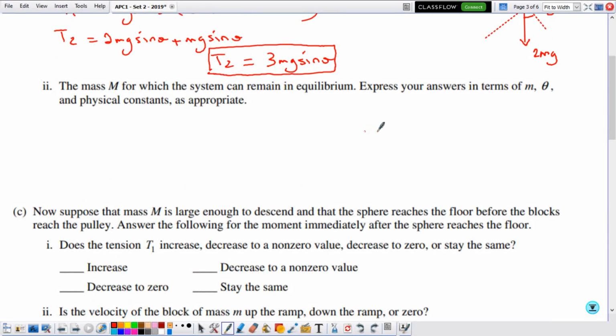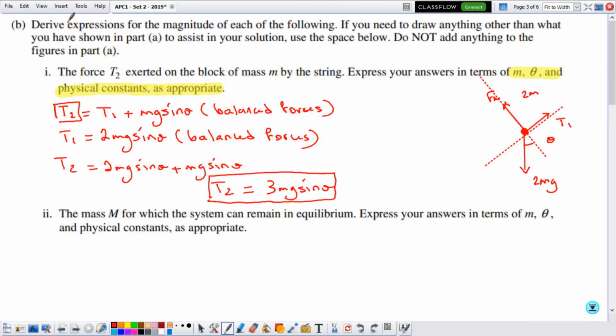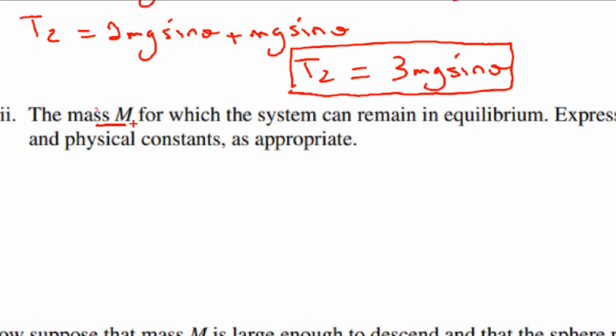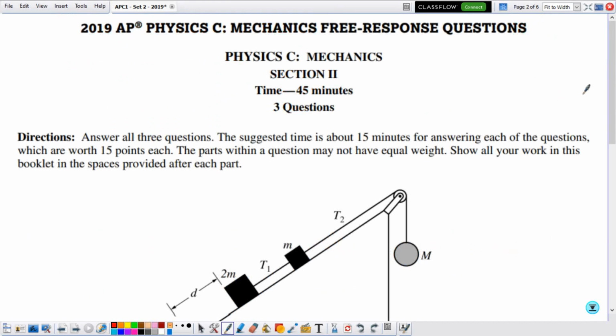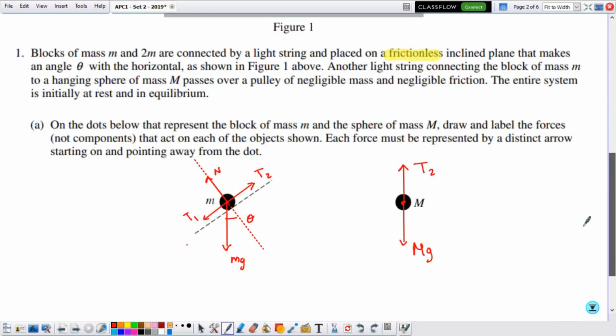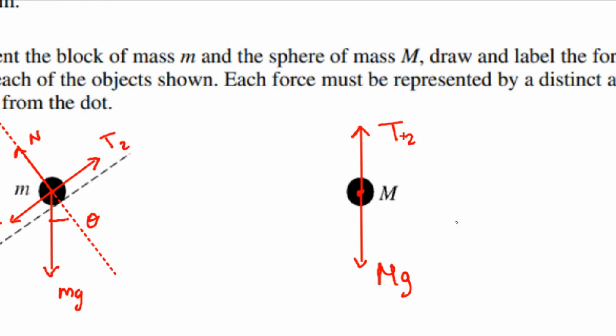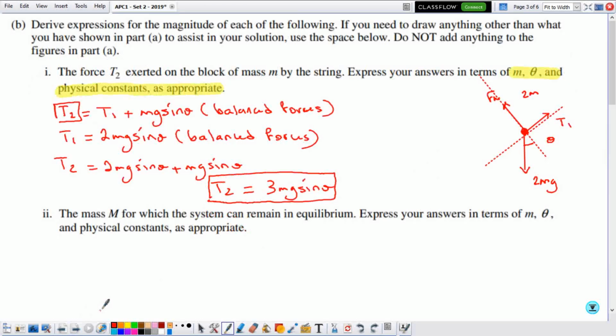Now in section 2 we refer again to part B, and we need to derive the expression of capital M. In order to derive the expression of capital M, in this case we need to utilize the FBD, which is here. Then we're gonna say that T2 equals mg. They are balanced forces because the system is at equilibrium.